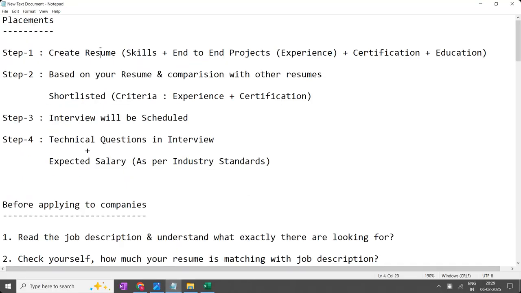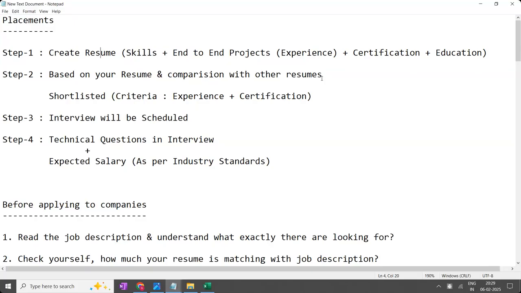Once your resume is created with your skills, end-to-end projects and certification, along with your education, the degree and everything, that you are going to mention in the resume. Based on your resume and comparison with others, once the company receives the resumes, not only yours. Once they have kept the job on the job portal, multiple people will apply.